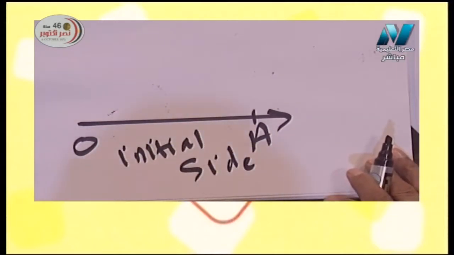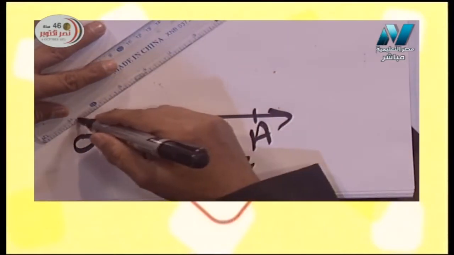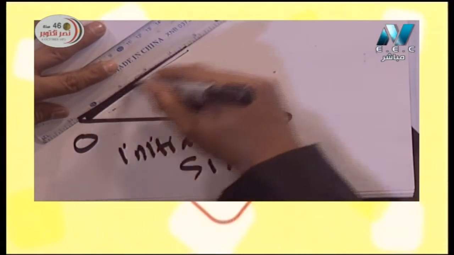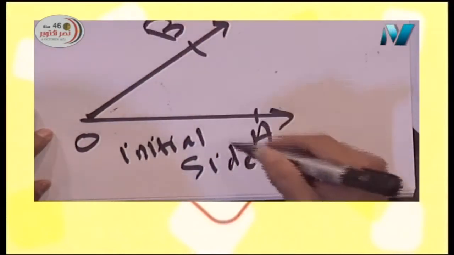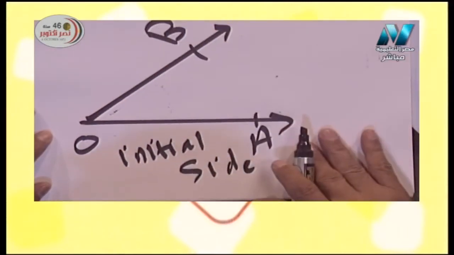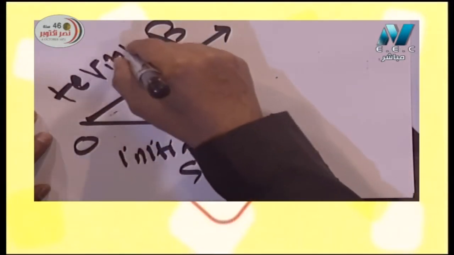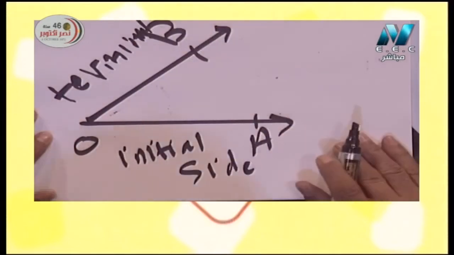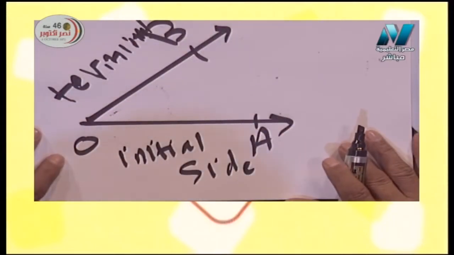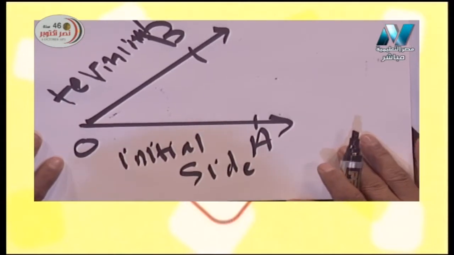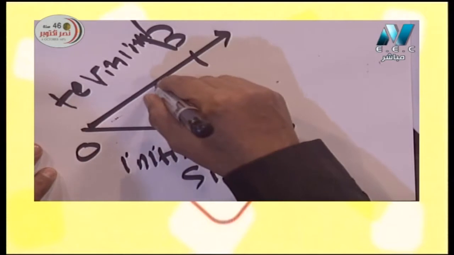And another ray like that, OB, and we call it the terminal side. This angle we call directed because of directions. We have here the direction.